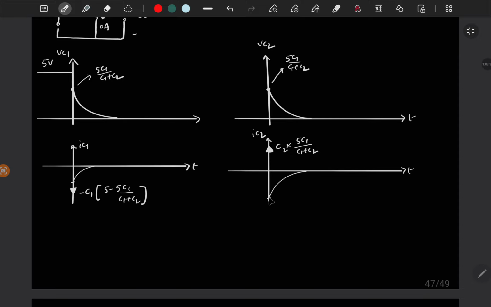So you will get some magnitude. So this is C2 times initial value minus final value by time constant, right?